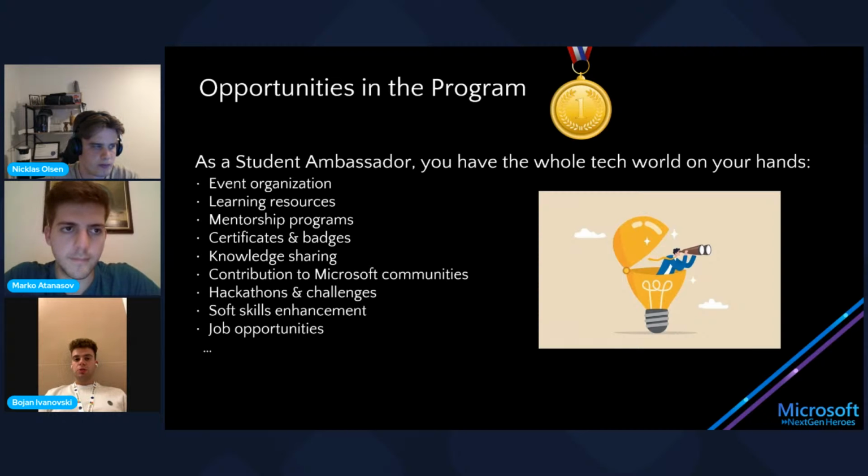Also, there are some special mentorship programs in which you can mentor new student ambassadors who have recently joined the program, and guide them on how they can complete different milestones. For all of these, you would receive suitable certificates and also some official Microsoft badges.